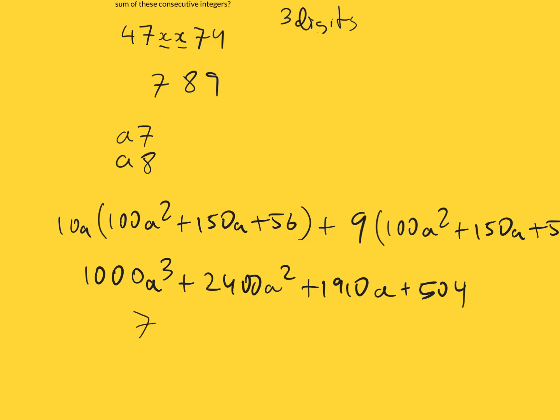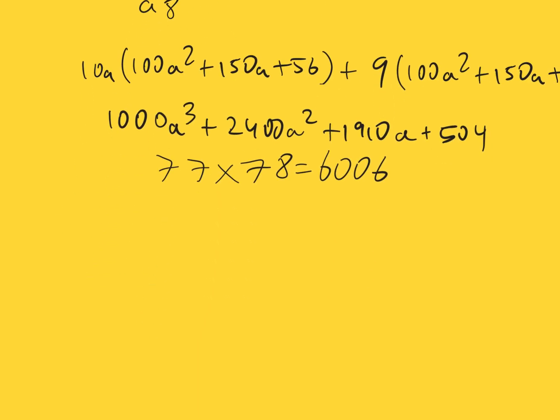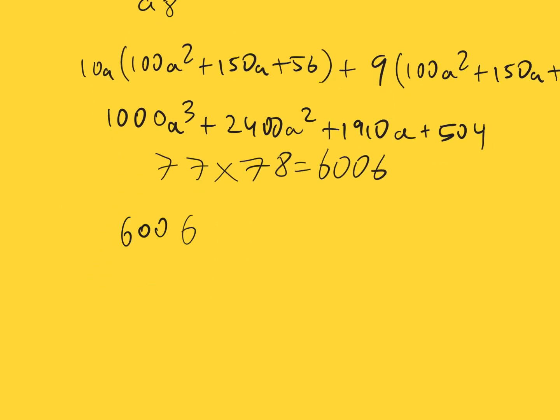Let's try it. 77 times 78 is equal to 6,006. 6,006 multiplied by 79 is equal to, drum roll, if this is wrong, there is no solution. It is equal to 474,474.